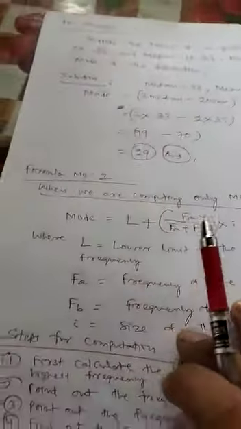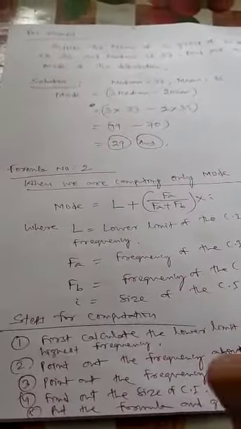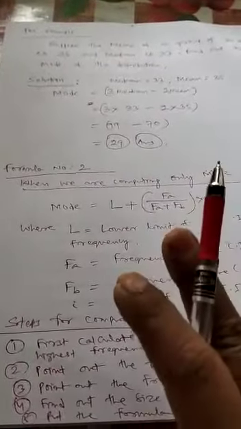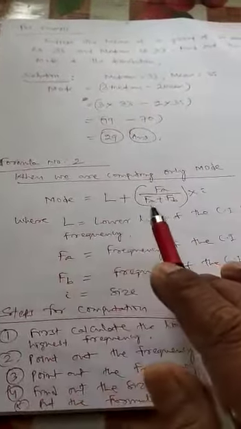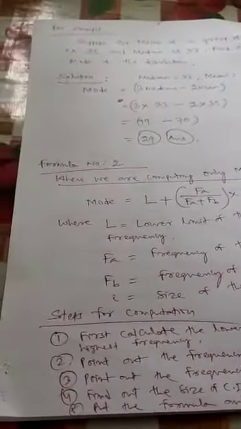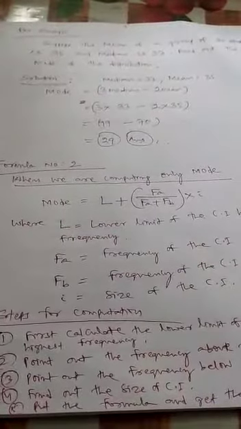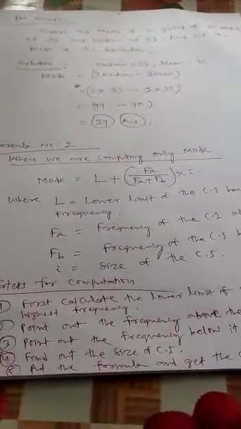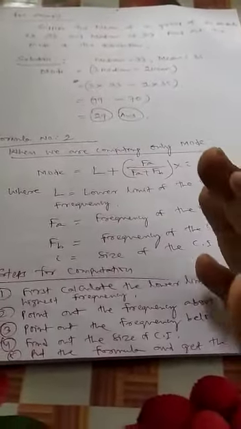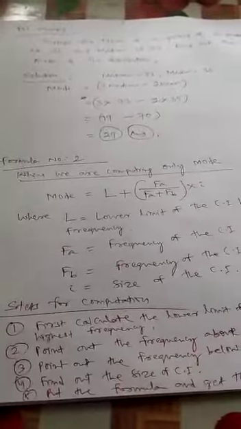This is pretty simple. But when we are only computing the mode, not the mean or the median, then we have to follow this particular formula straight away. Understood? When the grouped data, meaning the class interval and frequency, is given, we have to calculate straight away without going for calculation of 3 median and 2 mean.